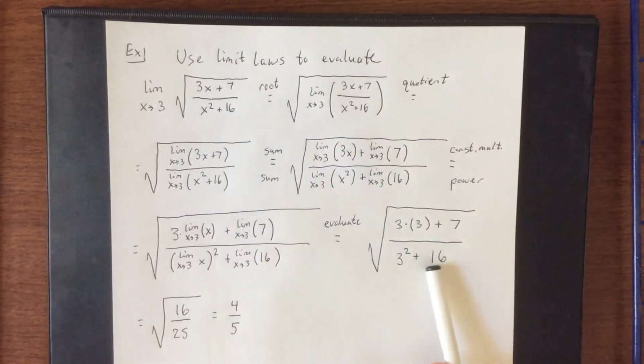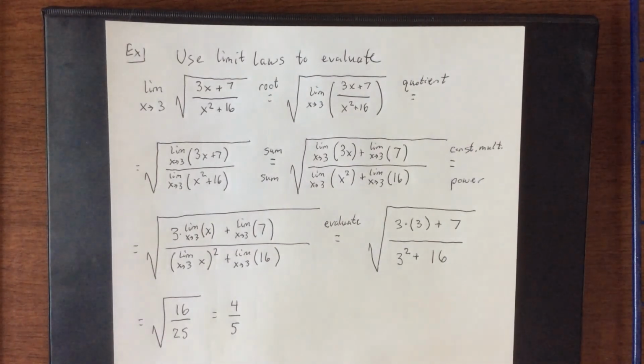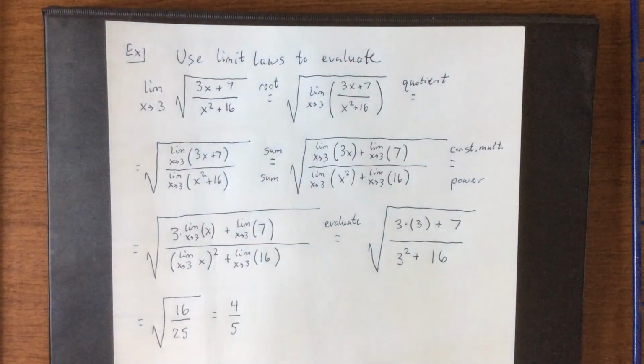Then you look at this and you realize that's exactly what we would have gotten. What was the point of all these limit laws? Well, the point of the limit laws is to make you understand where all of these things come from. I realize that it can be kind of frustrating to go step by step like that when you could just plug things in. Now, with that in mind, there is a theorem regarding that, and we'll introduce that in the next video.